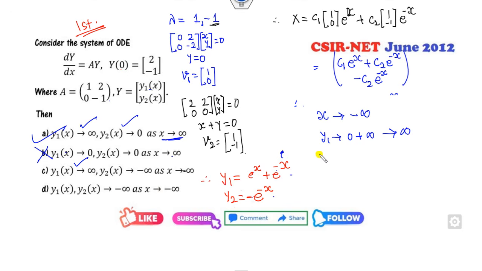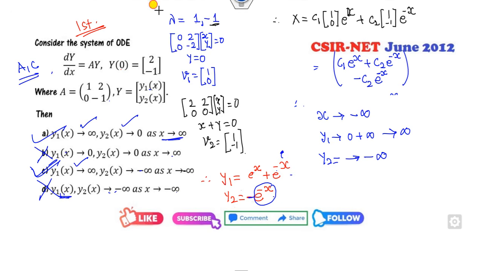For y2, when x approaches minus infinity, this approaches infinity, but because of this negative, it goes to minus infinity. So yes, this option is correct. When x approaches minus infinity, both approach minus infinity, that's wrong. So the correct options are A and C.